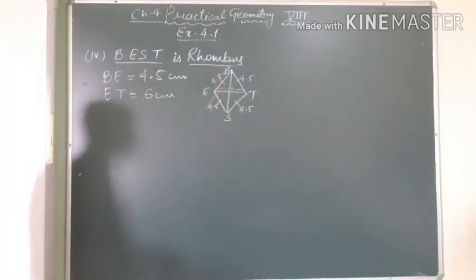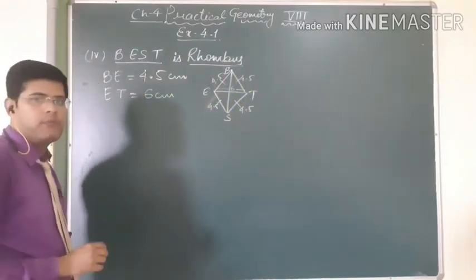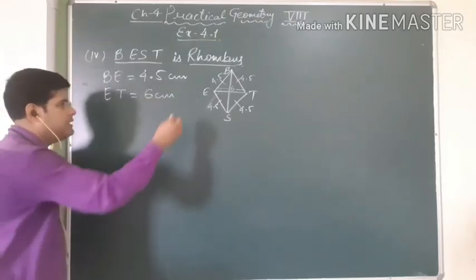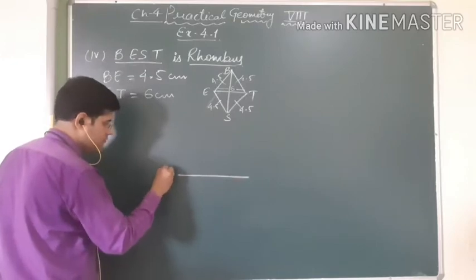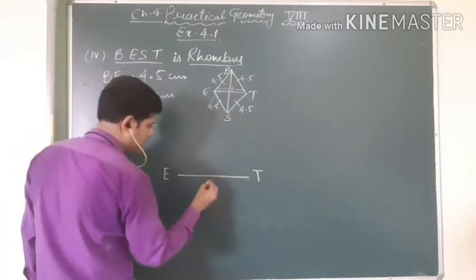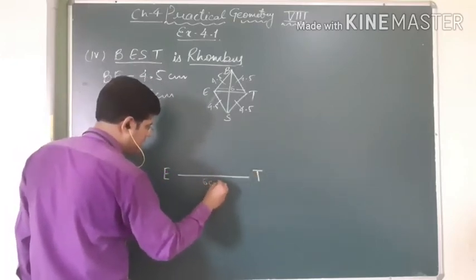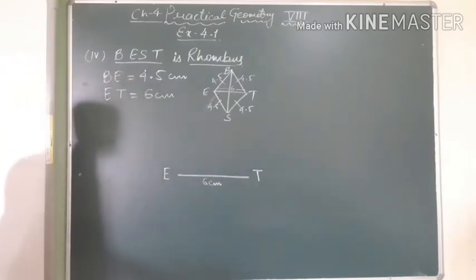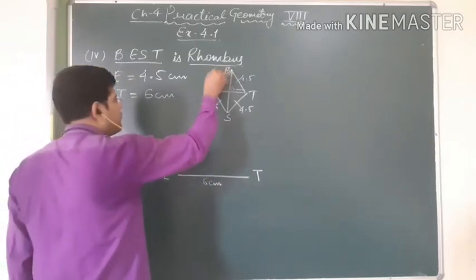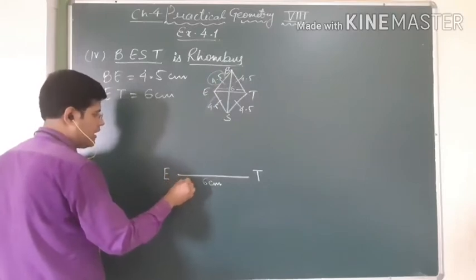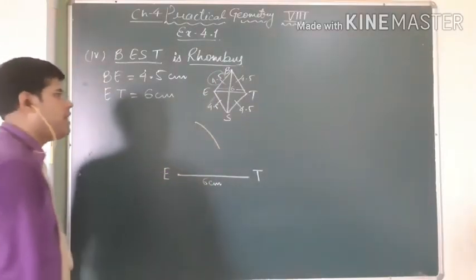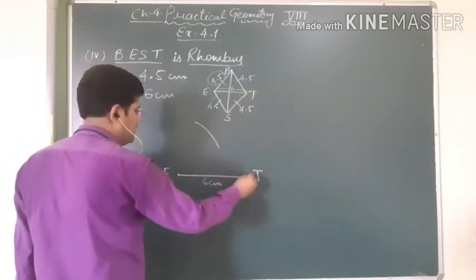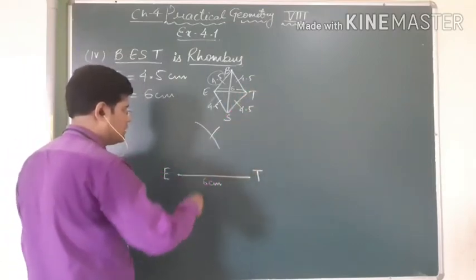Now how do you make this rhombus? Firstly, take ET equal to 6 cm. This one is 6 cm. Now from the point E, make EB 4.5. Make an arc from the point E. With the same distance, make the same arc from point T. Only change the point, not the distance.